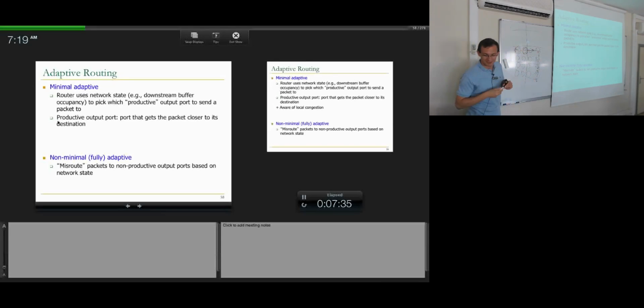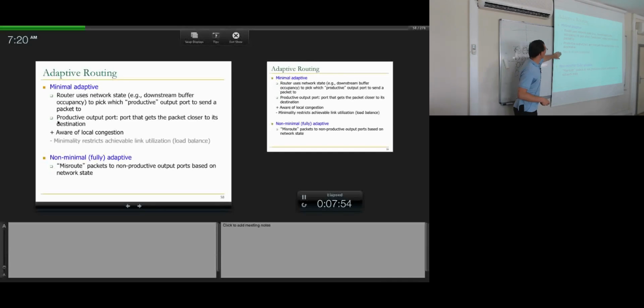That's non-minimal adaptive. I'm sorry? That's right. You need to ensure that that packet actually gets to its destination. Yeah. And whenever you have a non-minimal adaptive routing algorithm, you have the issue of livelock, I think, that will appear here, which is different from deadlock.